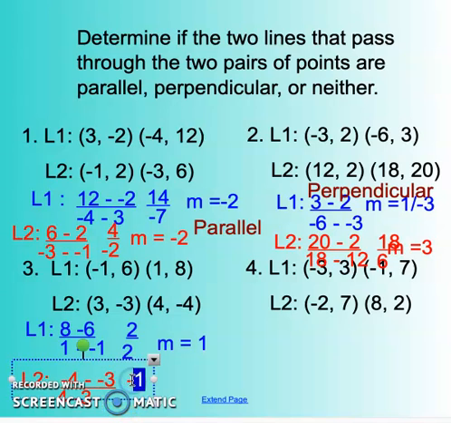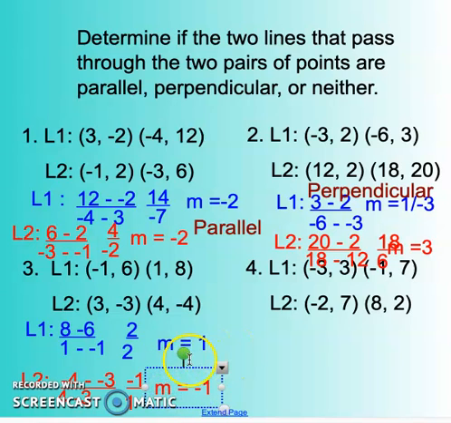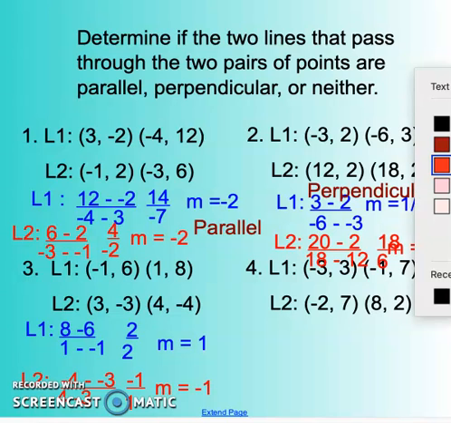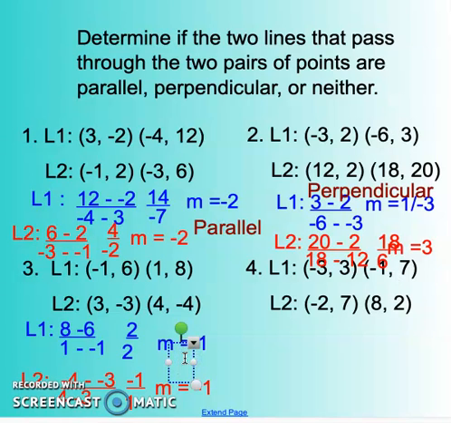So if I have negative 1 over a positive 1, then my slope is negative 1. Does that fit in either of these categories, perpendicular or parallel? No, it doesn't. Just because they're opposite signs, yes, they're an equal distance from 0, but that does not mean they are perpendicular, and they're definitely not equal, so they can't be parallel. So this one's neither.